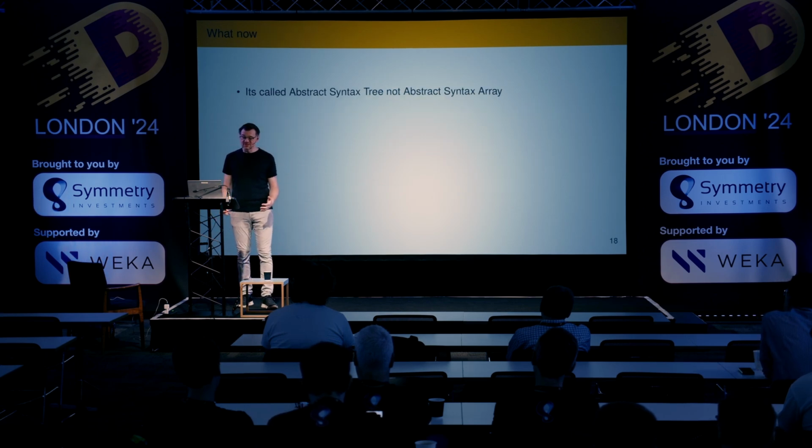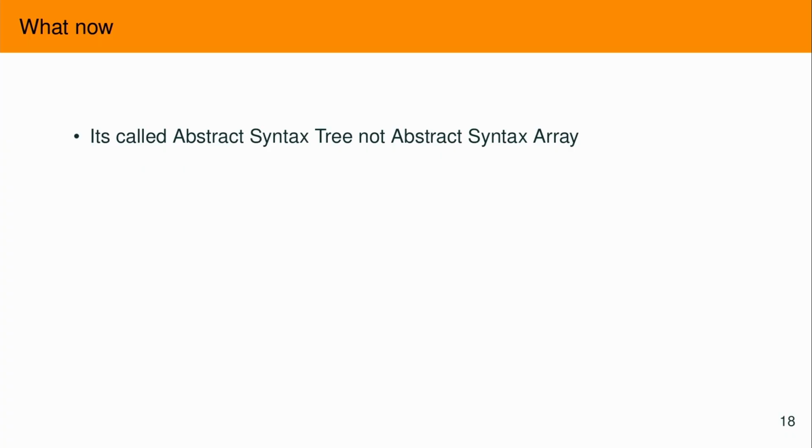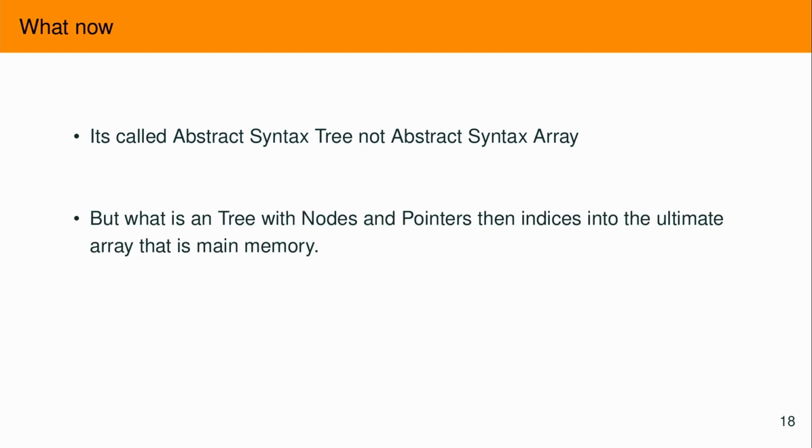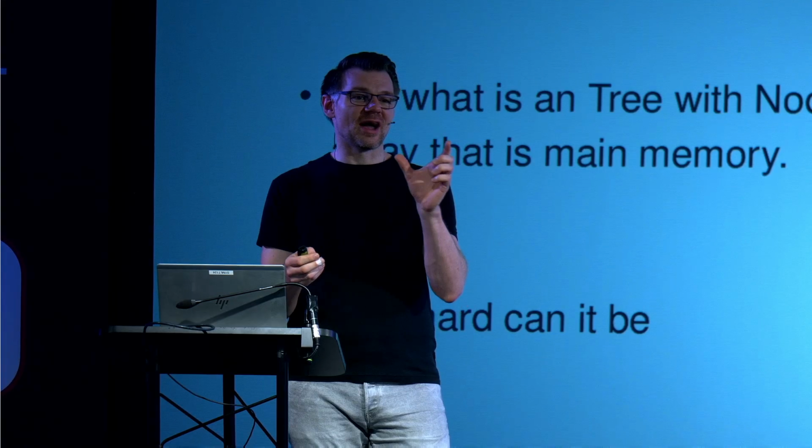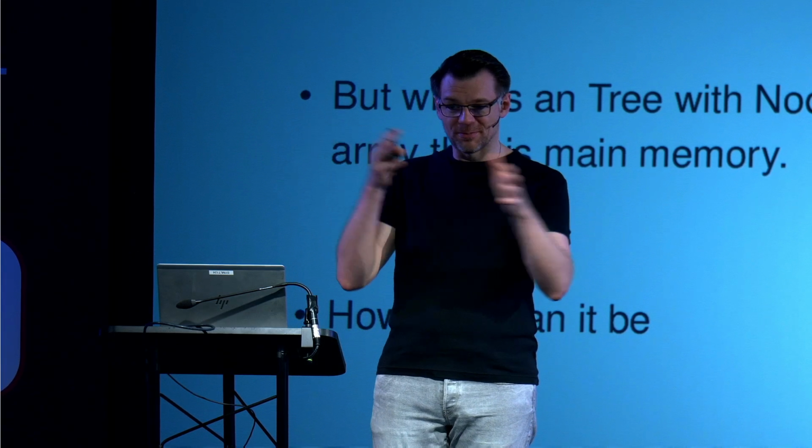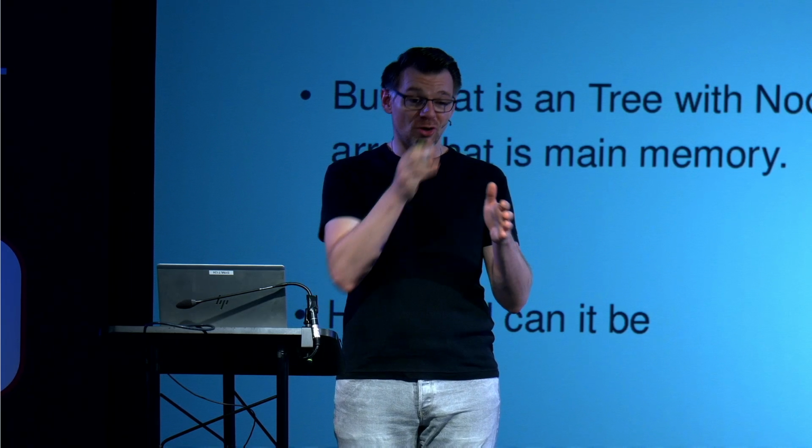But then obviously, if you connect that back to the parser generator, it's called abstract syntax tree and not abstract syntax array. If you really think about it, what is a tree but indices into the ultimate array, which is main memory? Basically, you have the main memory, your nodes are placed in the array called RAM somewhere randomly, and you have pointers into it.